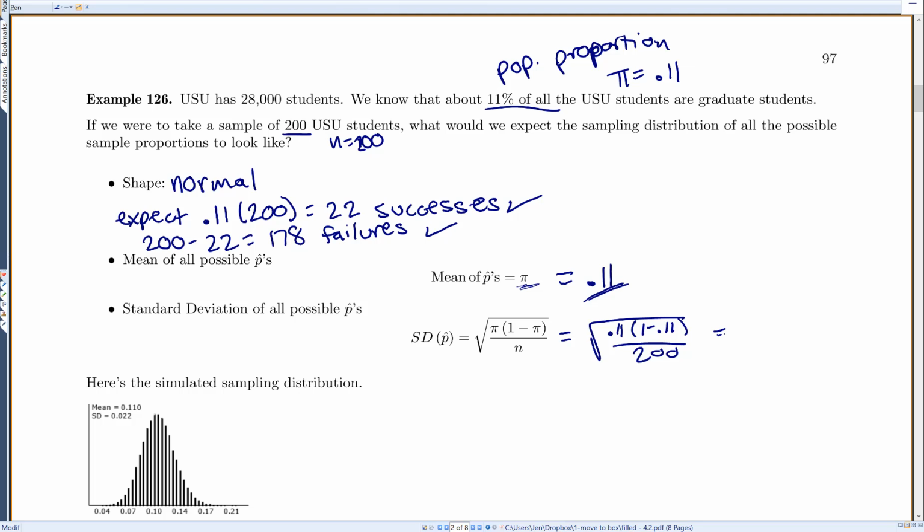When you put this into your calculator, do the 0.11 times 1 minus 0.11 first. Hit enter. Then divide by 200, enter, and then when you're done, take the square root of all of that. So you should get 0.02212. That's the standard deviation of all those possible sample proportions.